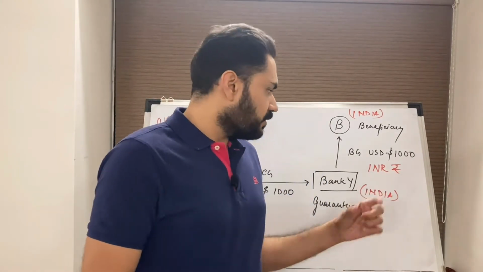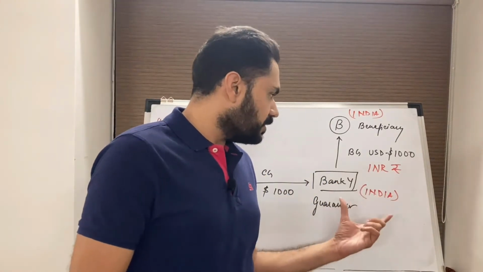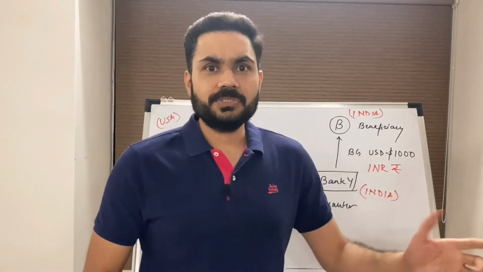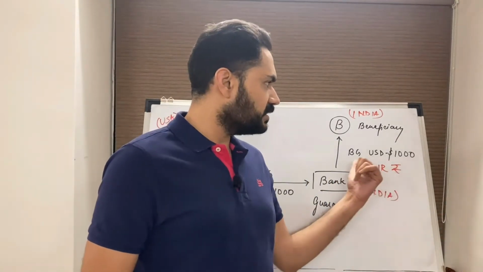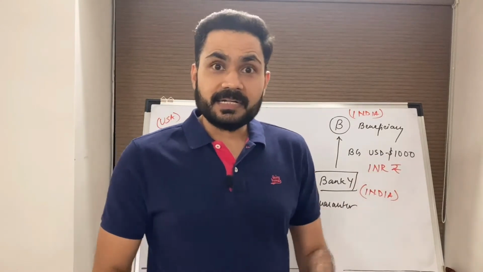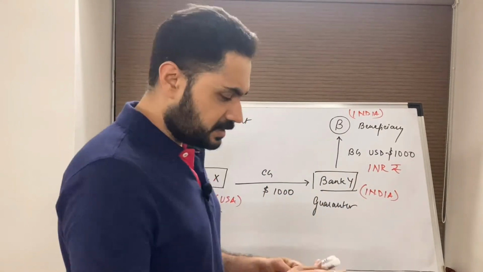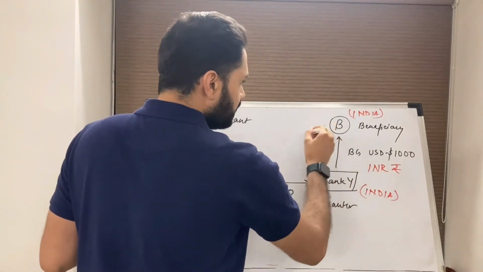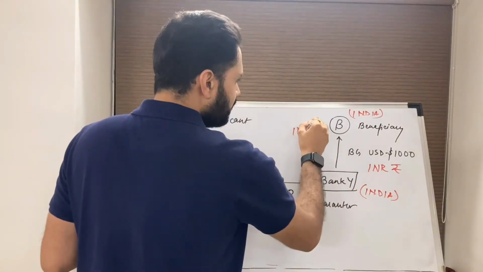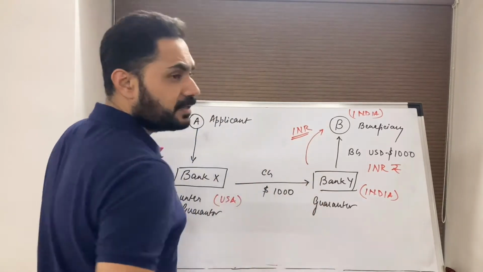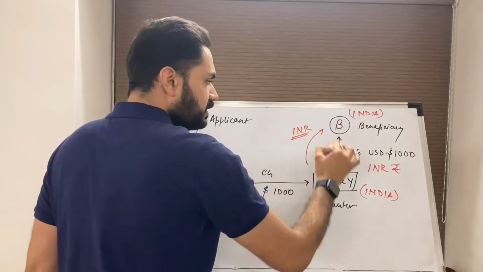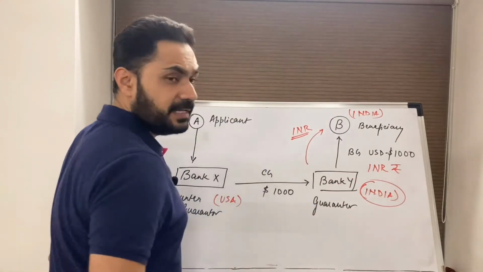Say the regulator said that one bank cannot remit more than $100 in one shot. So this currency is not available. In that case, what URDG says is, Bank Y can make payment to the beneficiary in INR, which is the local currency of India.